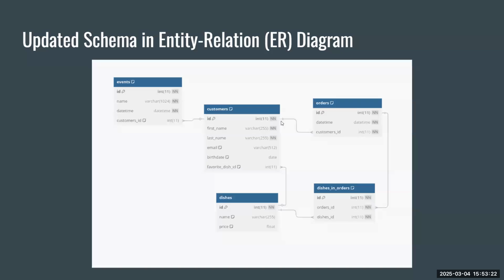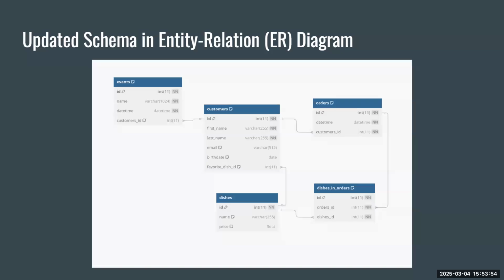Now, you might notice that these symbols, so it still has the fan symbol that was in the MySQL Workbench ER diagram from the prior slide, but this is a line on the one side and this is a circle on the one side. So what about that? Well, and there's a circle for the favorite dish ID relationship too. So what do you think that means?